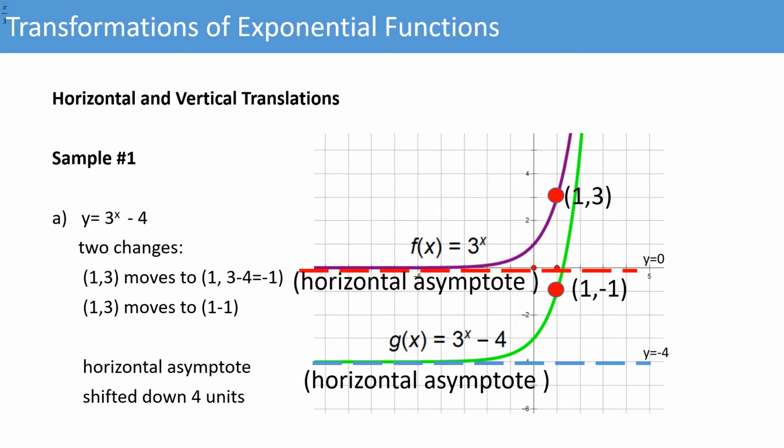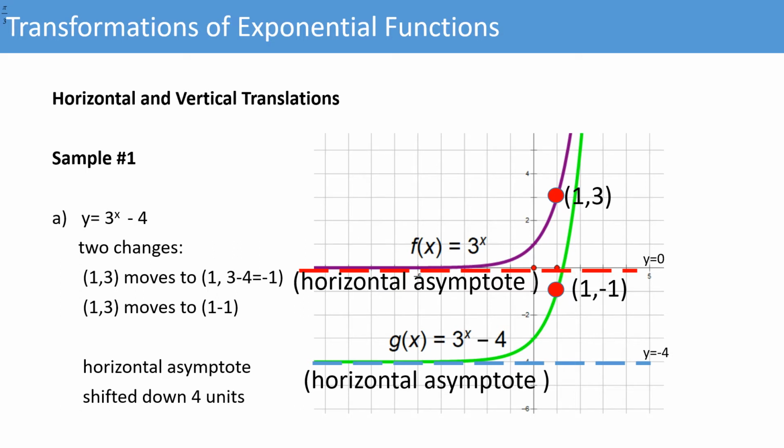Now we're going to look at what happens when we add the negative 4. We will see that our original point of (0, 1) has moved down and become (0, -3), which is the point on the y-axis that the green graph passes through.